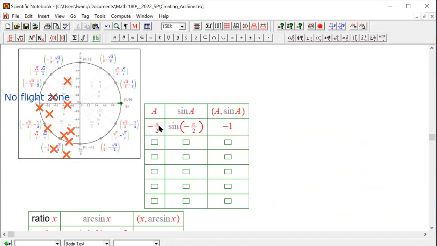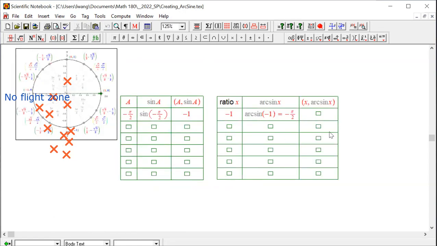This way we created this one-to-one correspondence. Let me make the fonts a little bit smaller so we have enough space. Now you can see the input and output: arcsine of -1 is -pi/2.